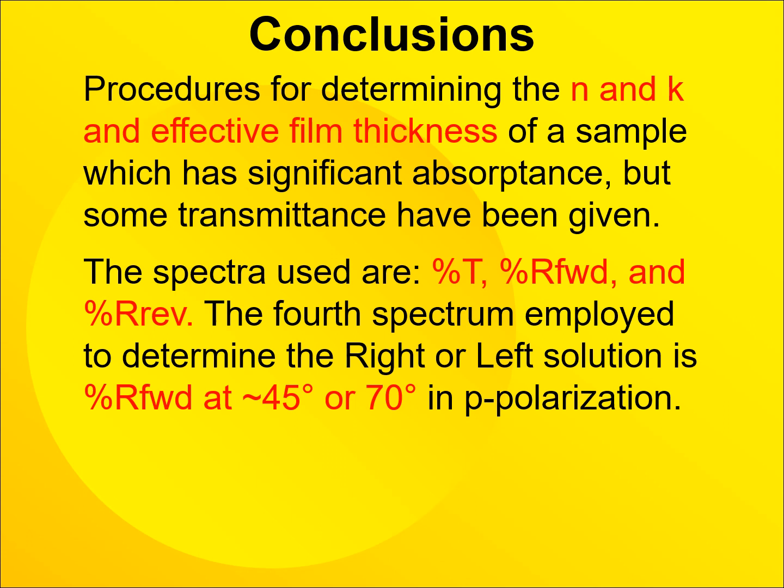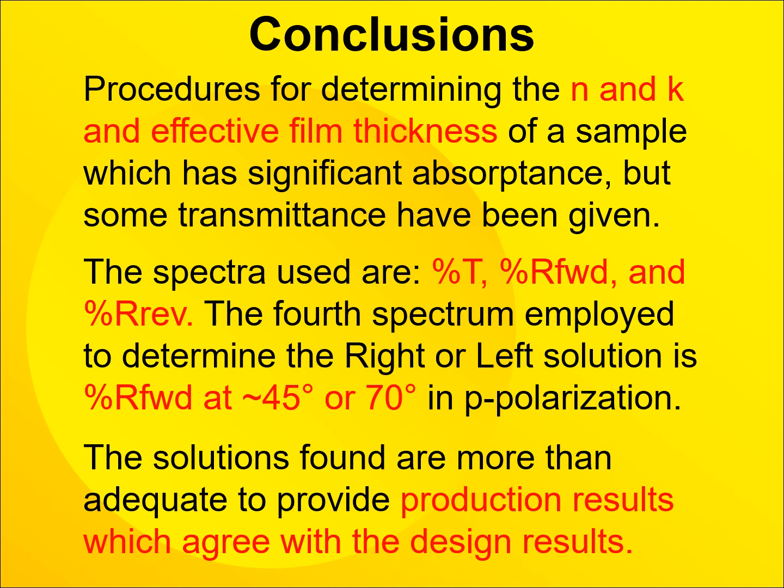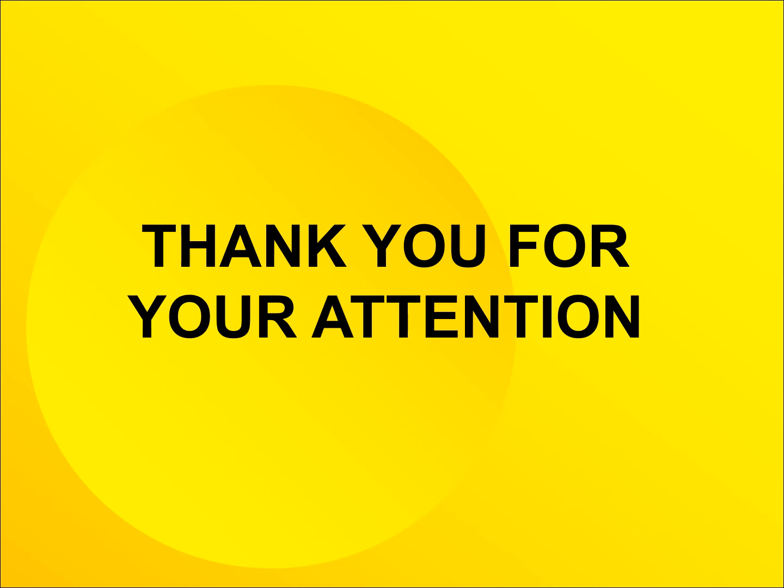The 4th spectrum is employed to determine the right or left, which one is the correct solution. And these could be approximately 45 or 70 degrees or something in that range. So the solutions found are more than adequate to provide production results which agree with the design results, which was our goal. Thank you for your attention.